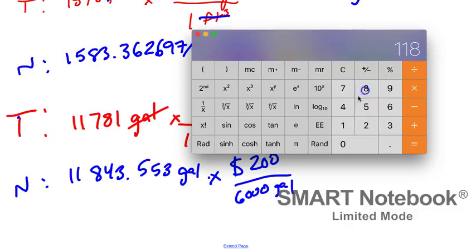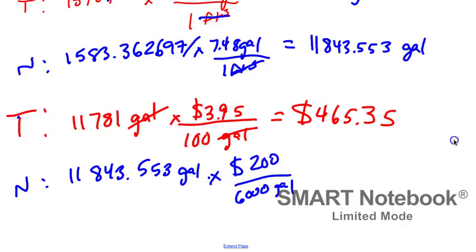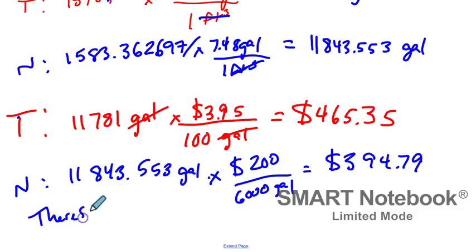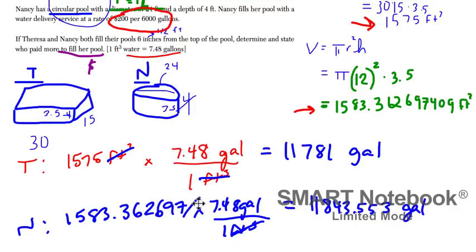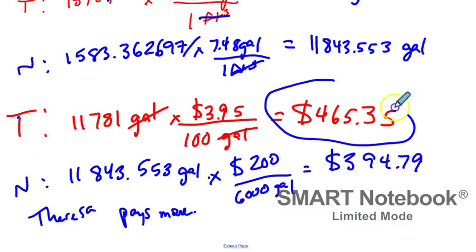So her 11,843.553 times 200 divided by 6,000 is 394.79. So Teresa pays more. She pays about $70 more.